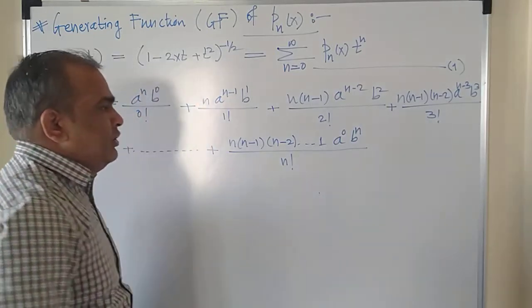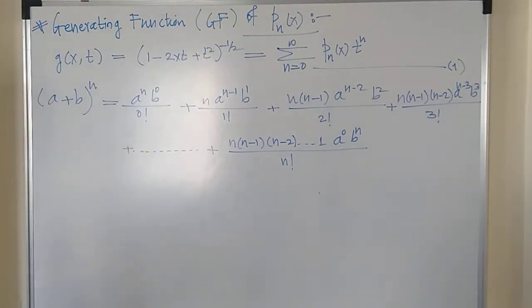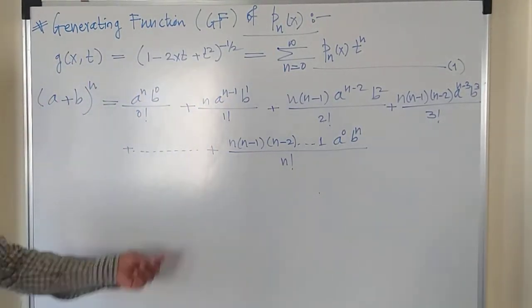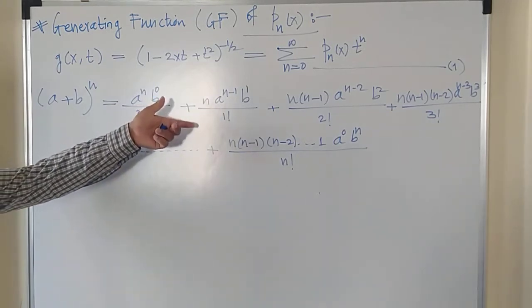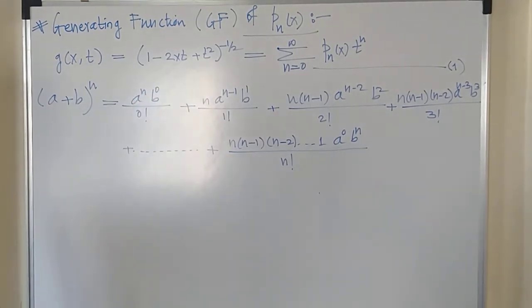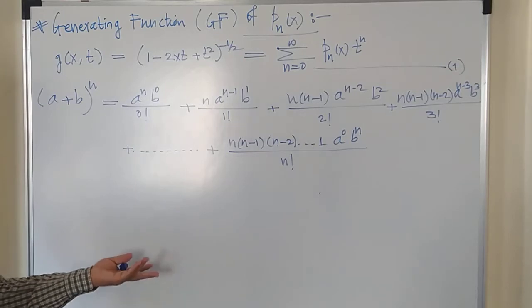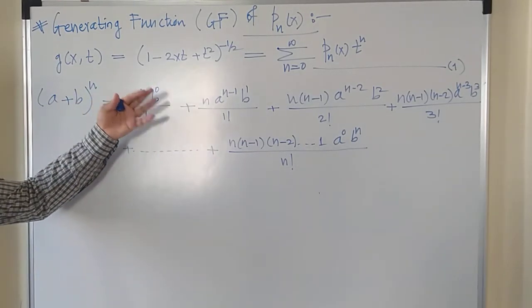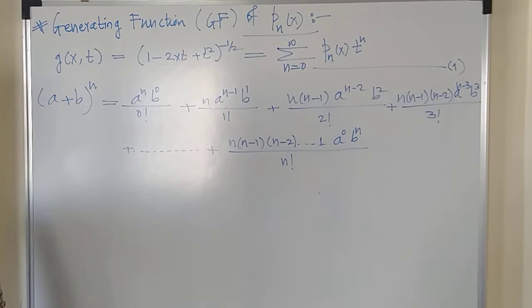So this is how the binomial expansion is used. Once this is known to you, you can expand any power of 2 terms, or 3, 4, whatever the number of terms. Later we are going to study how we can use the binomial expansion in this case.